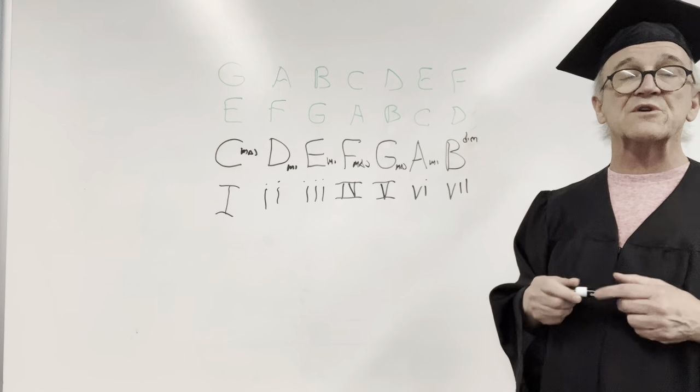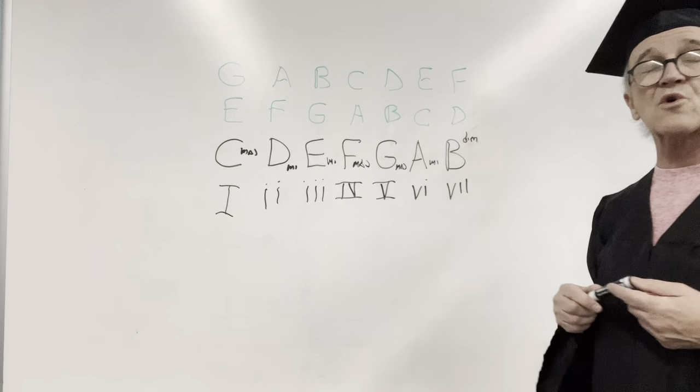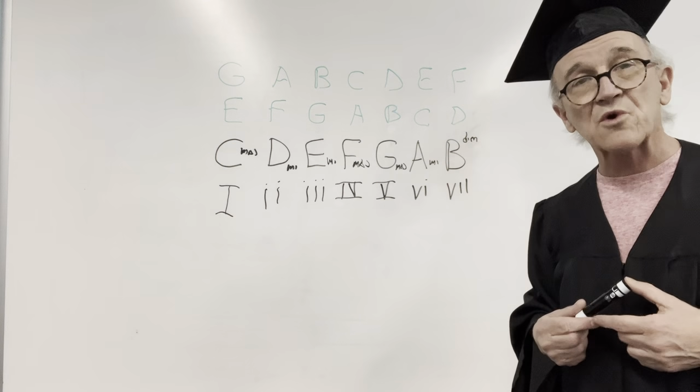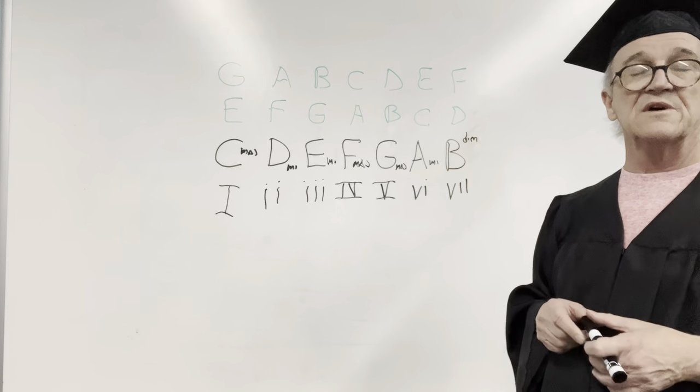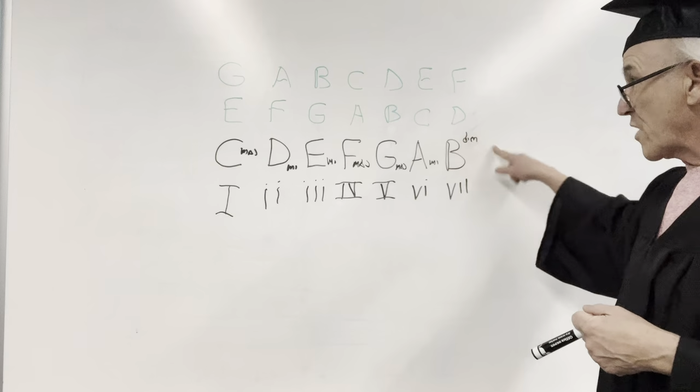So we're going to be working with triads. Here we are, 3 notes in each chord. There are 4-note chords. We call them 7th chords, okay? Most pop tunes are written right out of this.